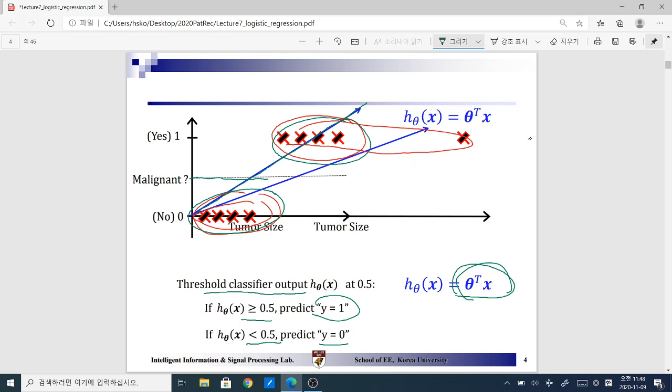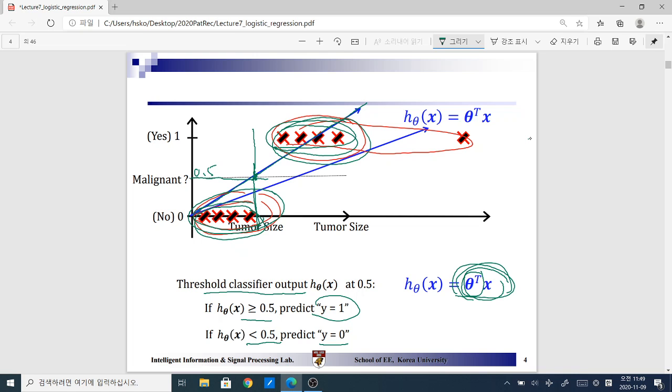So what that means is that, as you can see, with these nicely situated samples, 0.5 would be somewhere here. So using 0.5 would actually indicate a decision boundary to be somewhere here. So if the tumor size is, say, somewhere around here, and then it is multiplied by, or using the dot product of, the parameter, then anything that's going to be less than 0.5, which would be these samples, would belong to, for example, benign.